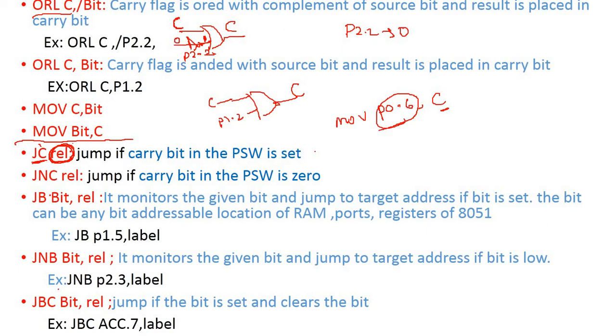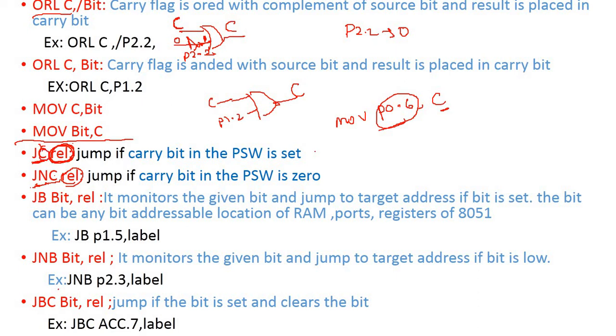Is it clear? And similarly we have here JNC, that is jump if the carry flag is not set. It means if the carry flag is 0, then jump to the particular location mentioned in this instruction. Otherwise, execute the next instruction. So these two instructions are used to check the carry flag.